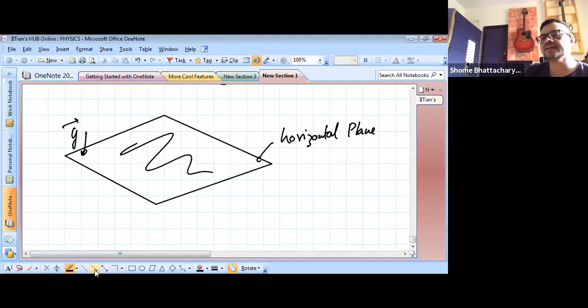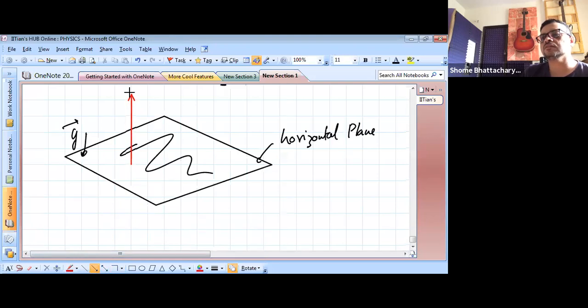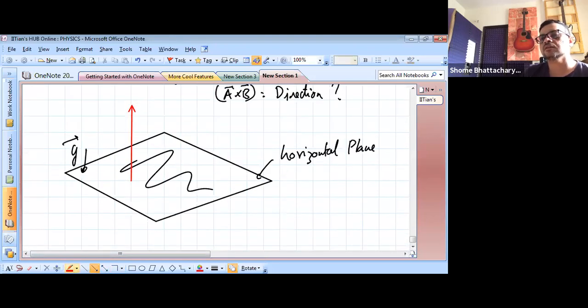So what is the direction of my vertical axis? It's this one. So let me take Z axis as vertically upwards. So negative Z axis is vertically downwards.